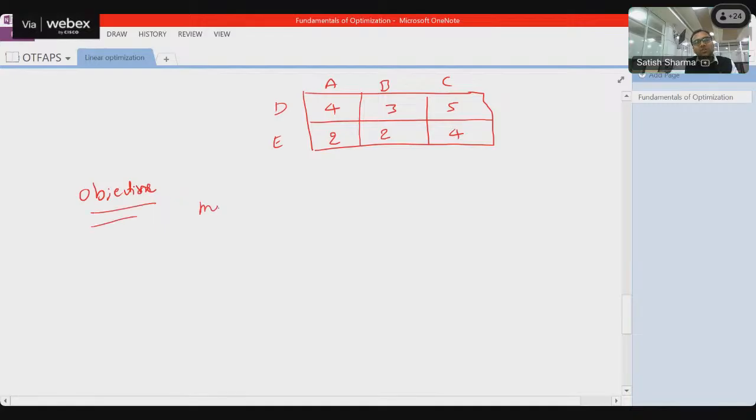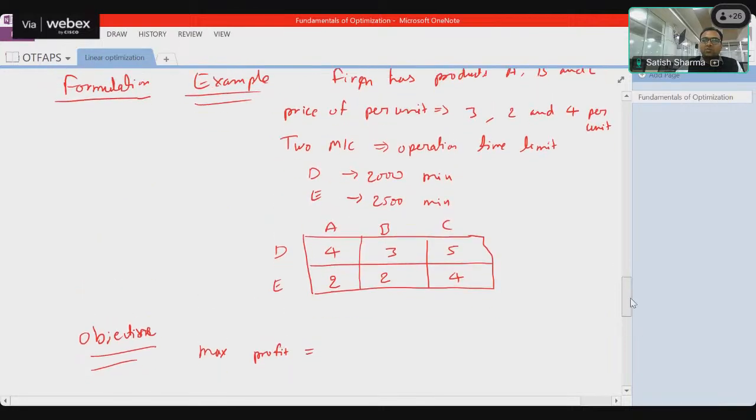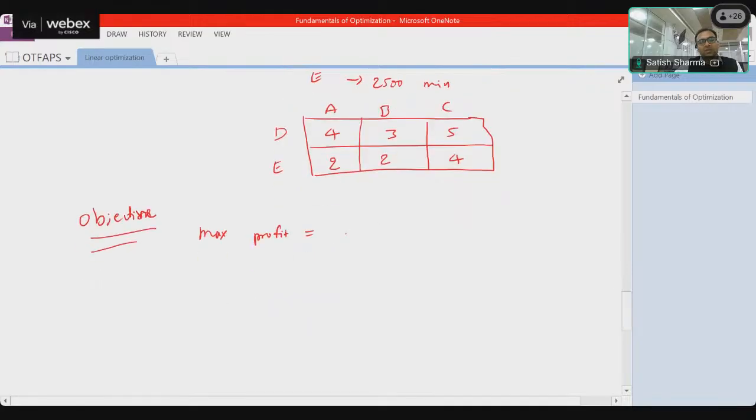Here they are selling these products, so maximization of profit will be the objective. As discussed above, the per unit prices are 3, 2, and 4, so I can say 3A plus 2B plus 4C is the profit it is earning.